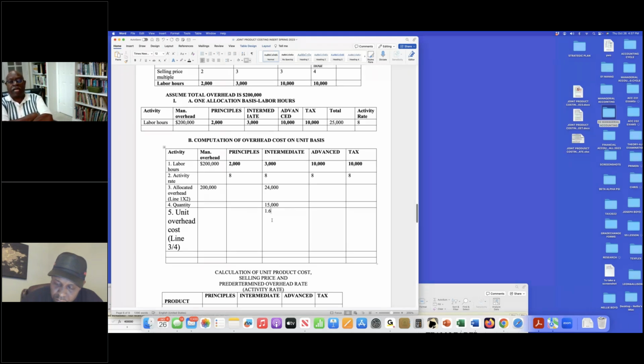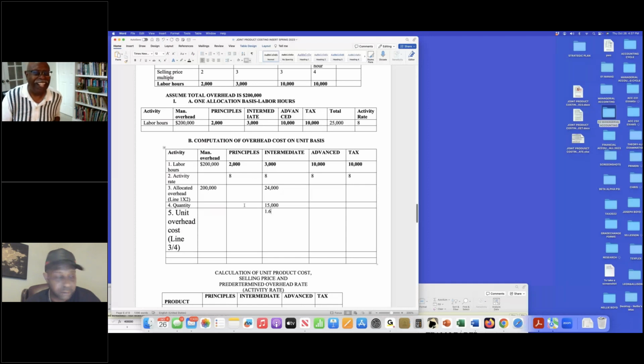Has everybody else calculated their unit overhead cost? I don't think I did it right. Why would you say that? I got some pretty big numbers. Yeah, I definitely didn't do mine right. For the allocated overhead, I got 1.6 million. And that just seems too big. Wait, your row. 2,000 times 8 is how much? Oh, I put 200,000.